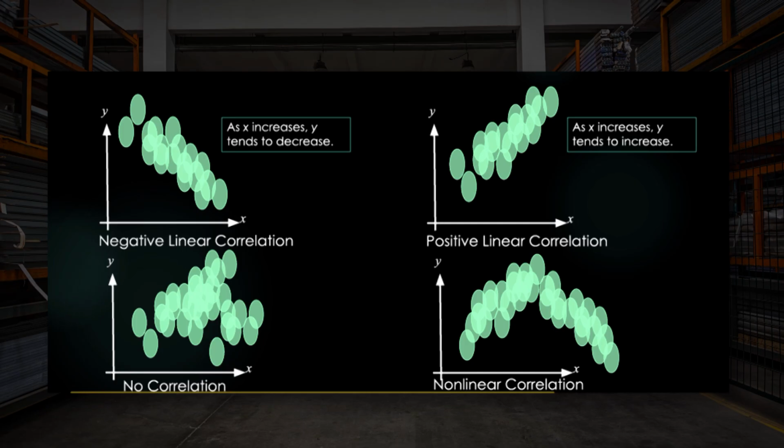When you talk about positive linear correlation, as x increases, y tends to increase. And when you talk about non-linear correlation, you will see how the graph is plotted. By comparing all these four graphs, it is quite clear that if there is a correlation, it could be a linear correlation, or it could be of this kind.